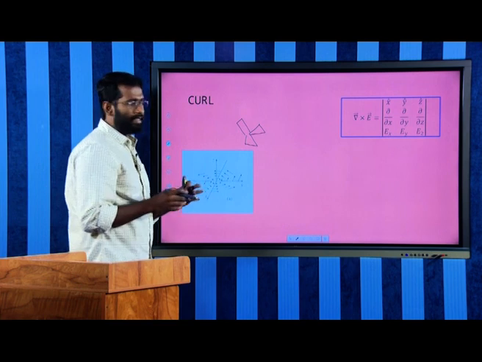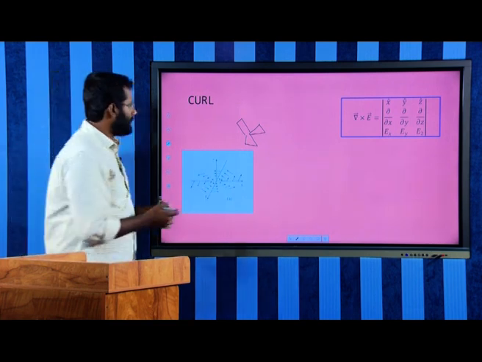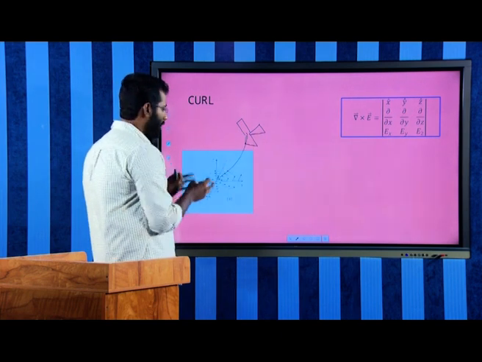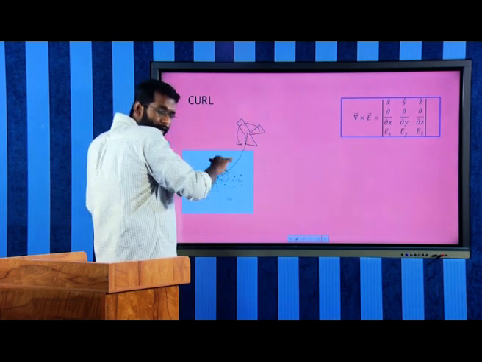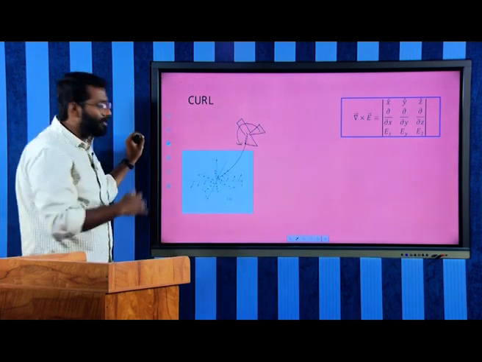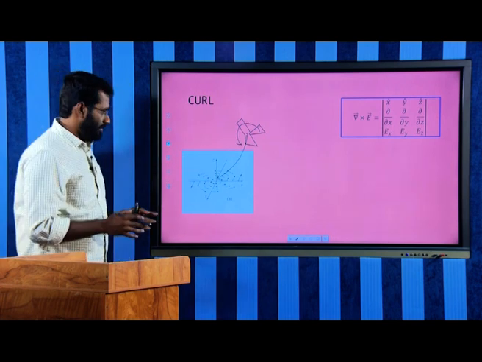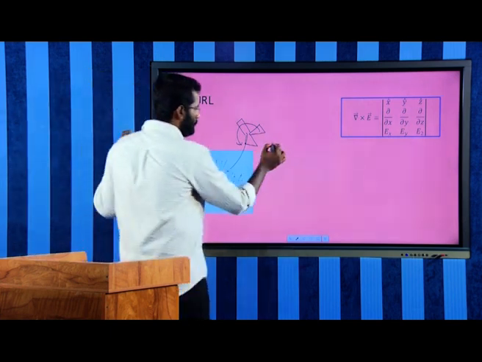To check for a non-zero curl, just place this paddle wheel here, and if it rotates due to the rotational flow of the fluid, then we can say that there is a curl.